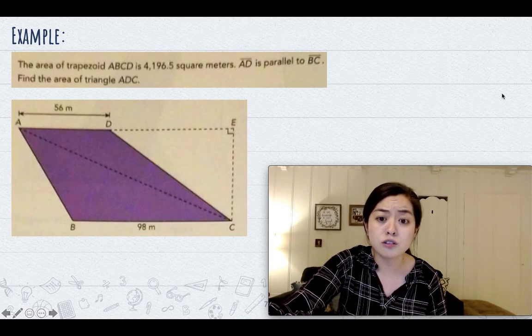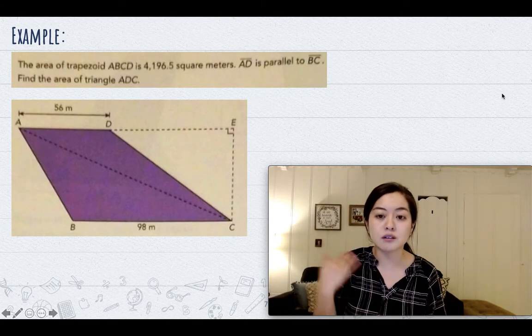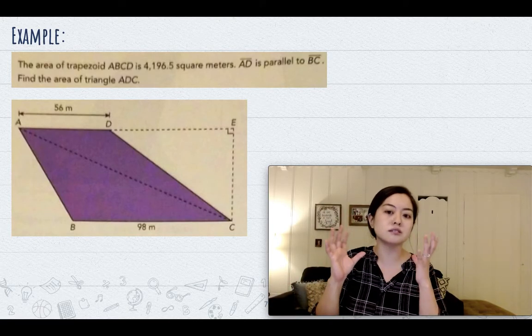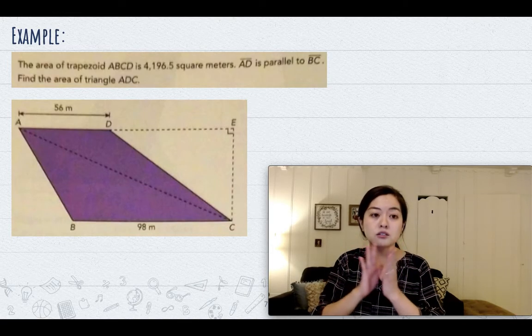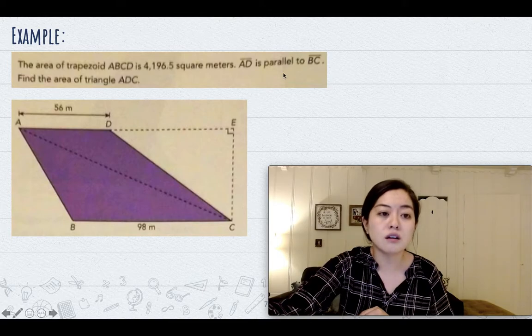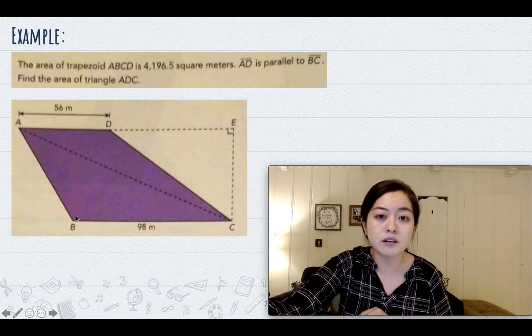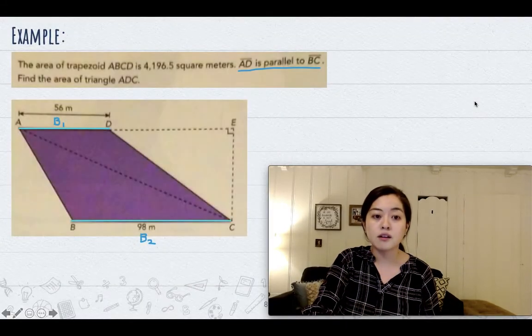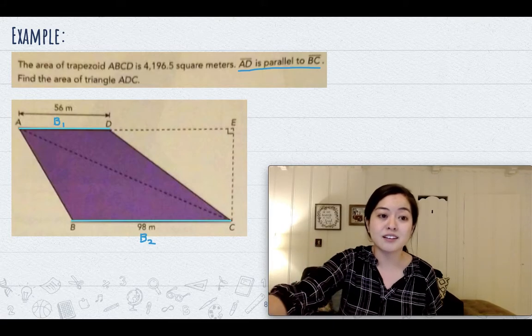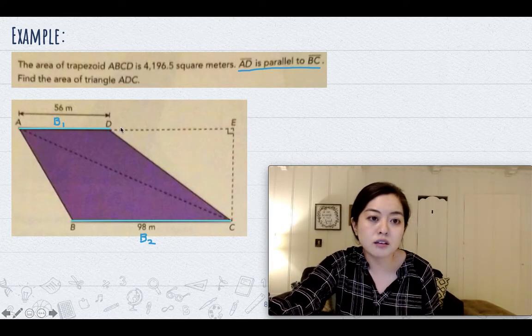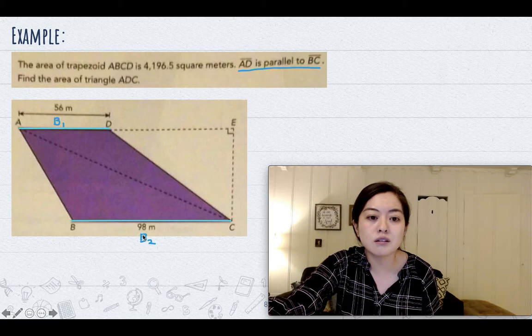So first, before we attempt the question, we have to try to understand the situation the problem presents, okay? So if AD is parallel to BC, those are the bases of the trapezoid, aren't they? So I'm going to just label AD B1 and BC B2.